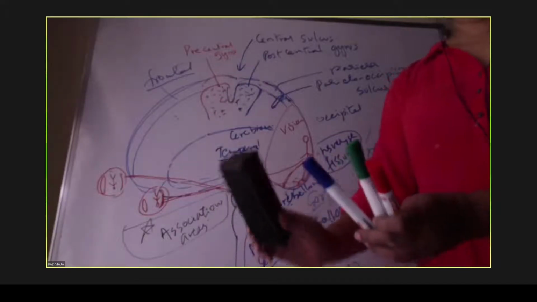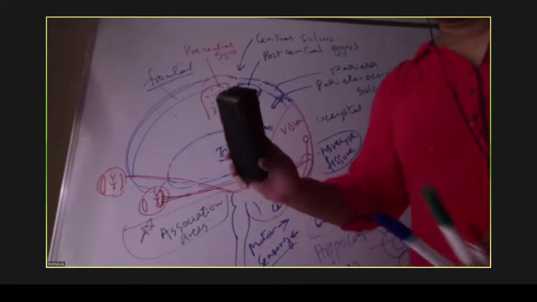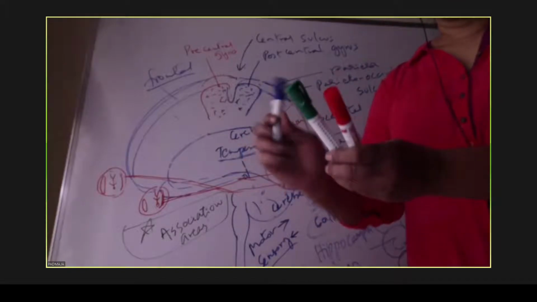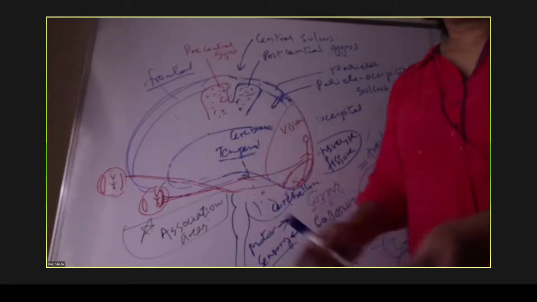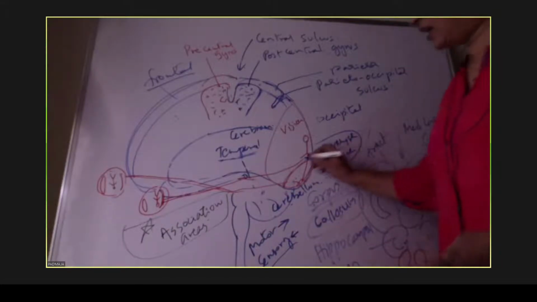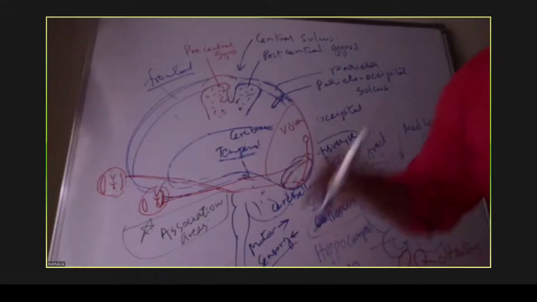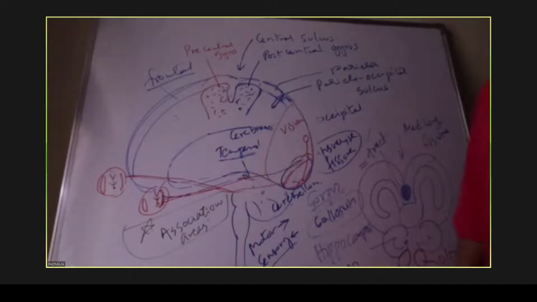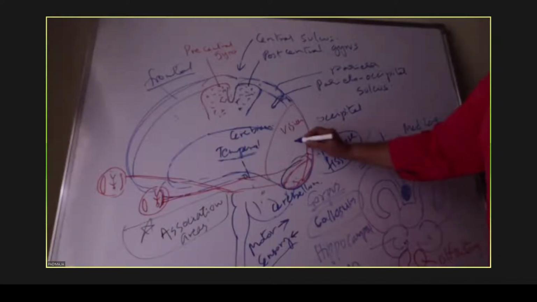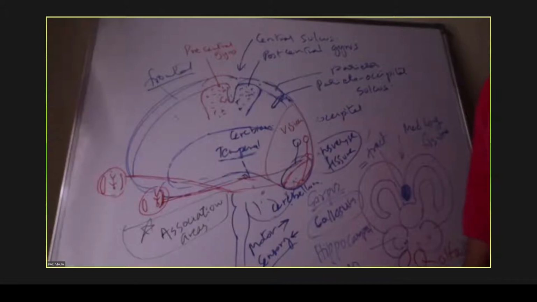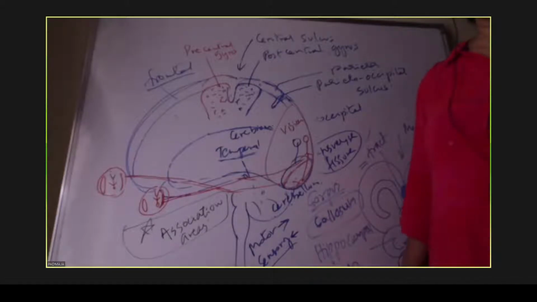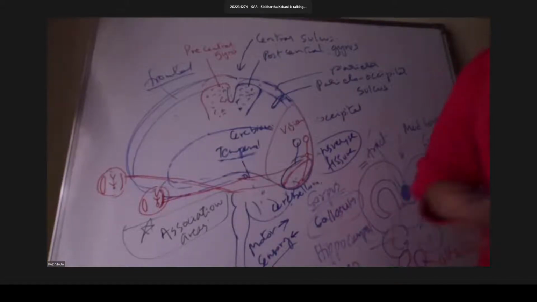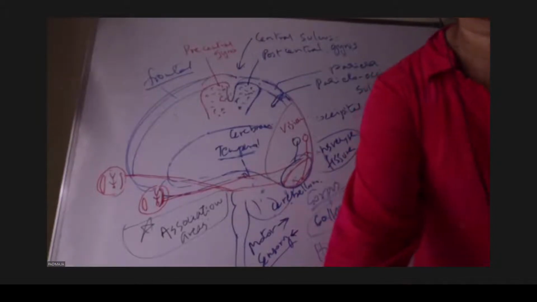So what you are doing? You are understanding the object you are seeing, and in the association area you are recognizing what object it is. The image is formed, okay, good, but what it is you are understanding in the association area. Clear? Yes, ma'am, clear.